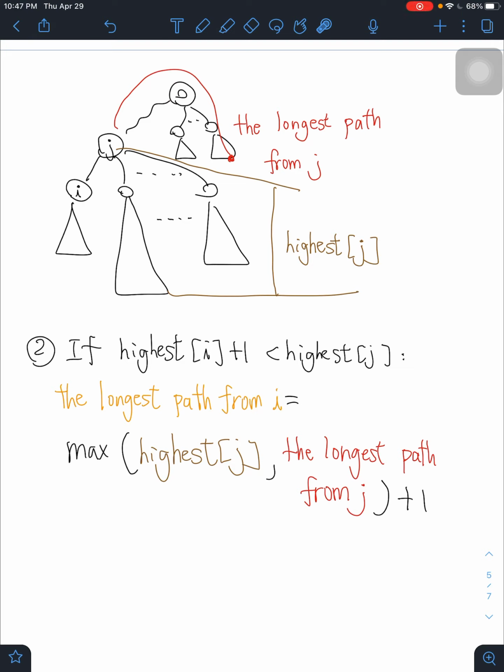You can see that there is a node here that is also J's child.